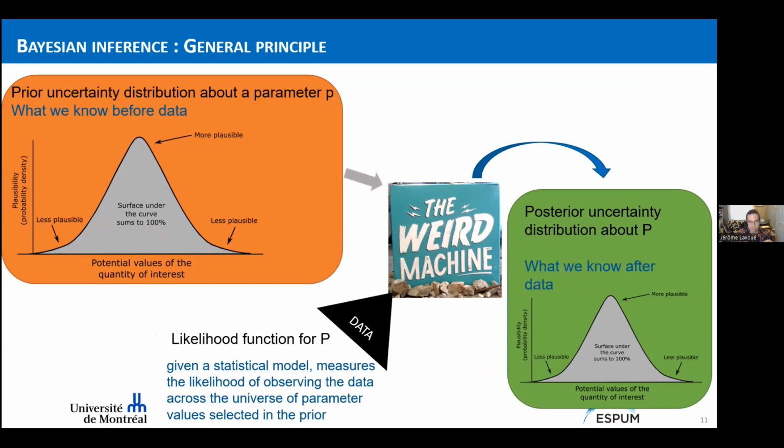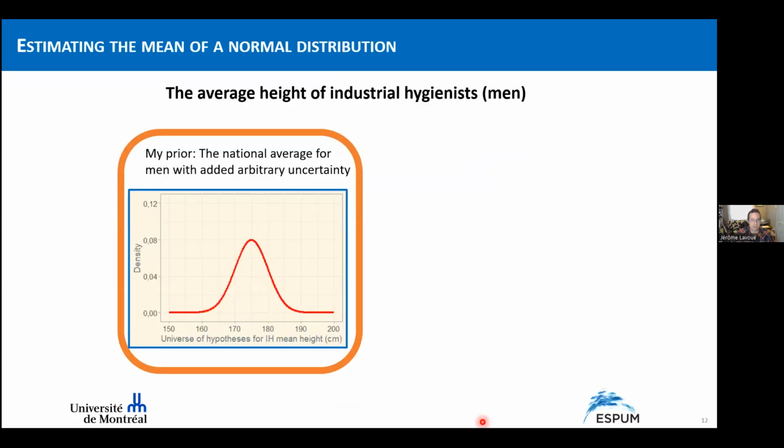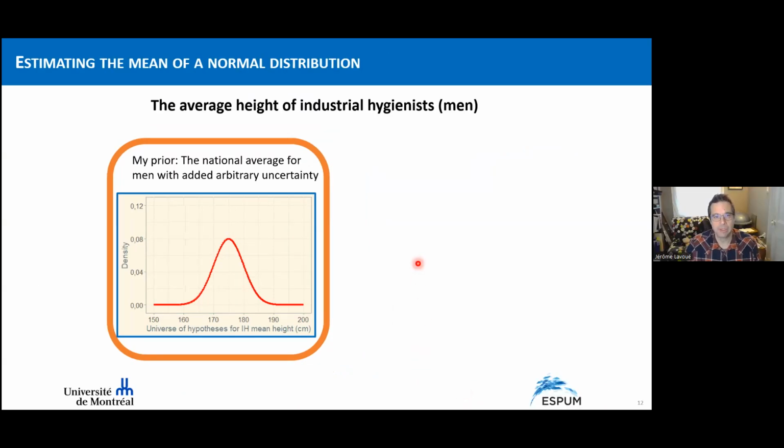So I'm going to use a simple example to get even a little deeper into that explanation. Because it's a very simple Bayesian model that doesn't require intensive computation and can even be done by hand, I'm going to use the example of estimating the mean of a normal distribution.